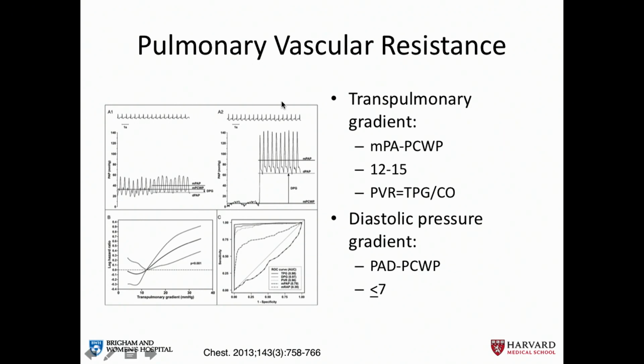In contrast, we have this patient over here who has a measurement in the setting of severe pulmonary arterial hypertension without mitral regurgitation, and here the diastolic pressure gradient is quite high. So those patients who have a diastolic pressure gradient within that range of 7 or less, generally their change in pulmonary vascular resistance or pulmonary artery pressure are being driven by left-sided problems.